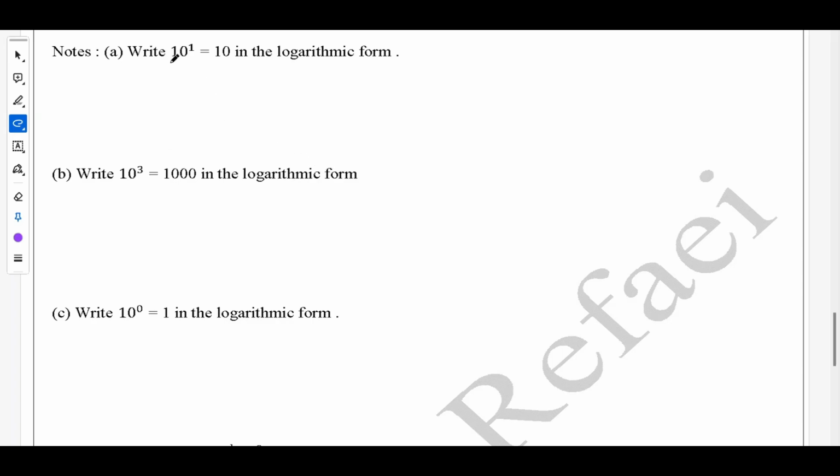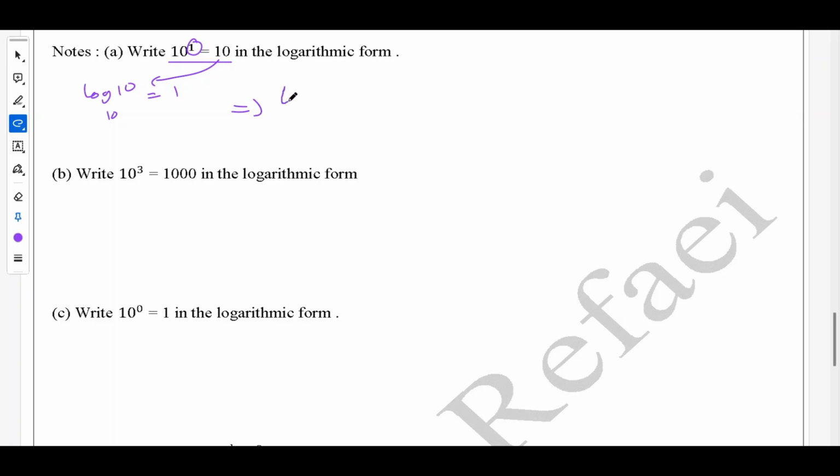The first one is simple, you learned it in grade 7 or 8. 10 to the power 1 equals 10. So if I write it as log of 10 to the base 10, it gives me 1.